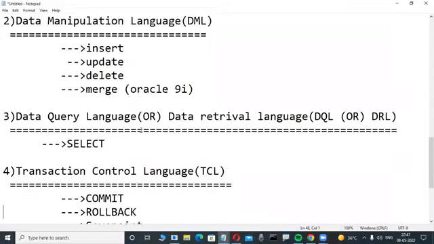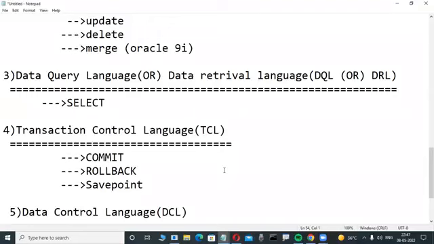Every relational database is the same. Not only Oracle, but SQL Server, MySQL, DB2, Sybase, any relational database has the same categorization: DDL, DML, DQL, TCL, DCL.